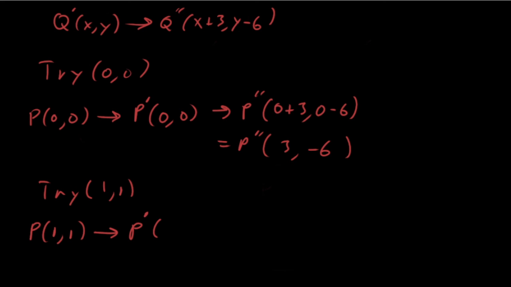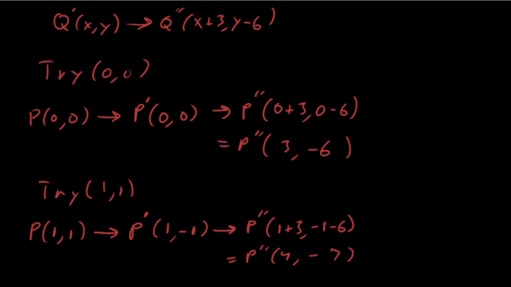So it was 1, negative 1, right? And then it goes to P double prime, which is, what was it? 1 plus 3, negative 1 minus 6. This equals P double prime 4, negative 7.